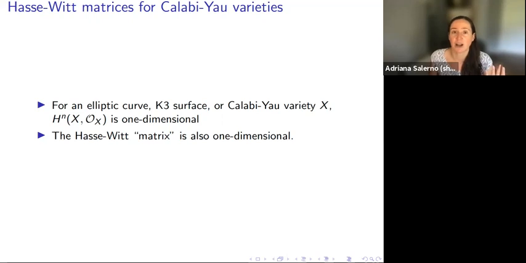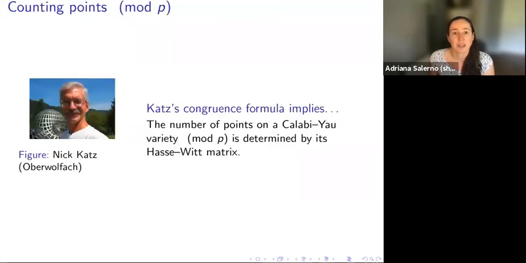So it's actually a Hasse-Witt constant, right? We still use the word matrix throughout because there are generalizations that make this way more interesting and more complicated, with an actual matrix instead of just one constant. So in fact, when you see Hasse-Witt matrix in this particular talk, because we're thinking of K3 surfaces, you should think of a constant. And so nice things have been figured out about Calabi-Yau varieties and their Hasse-Witt matrix.